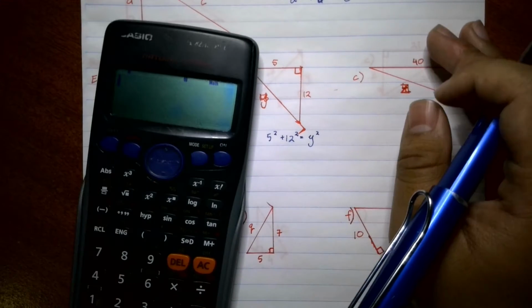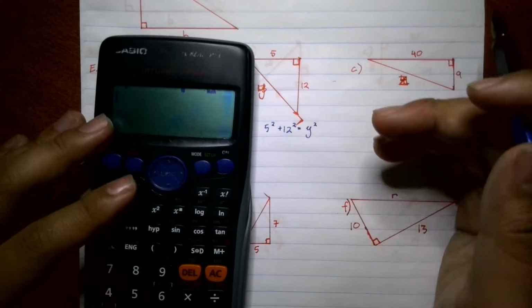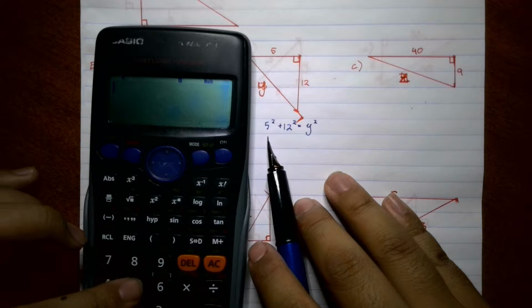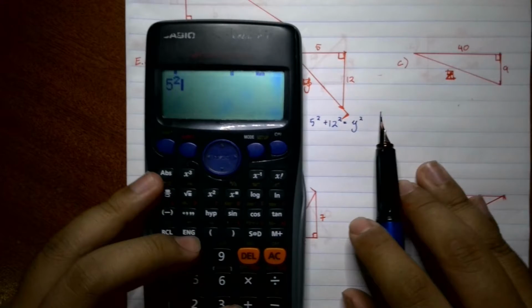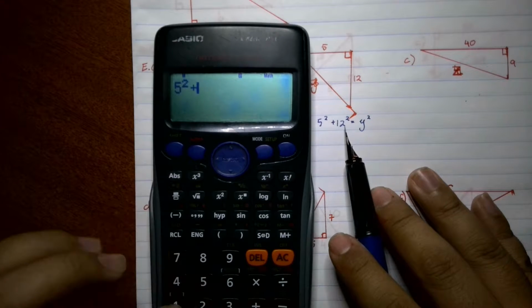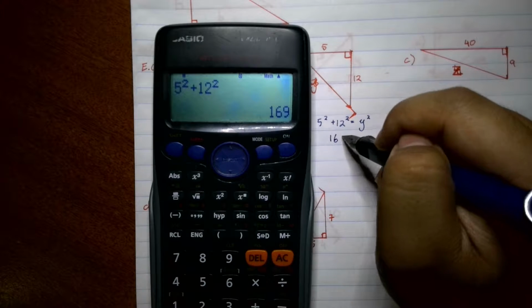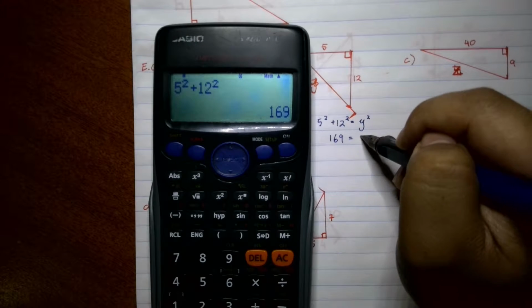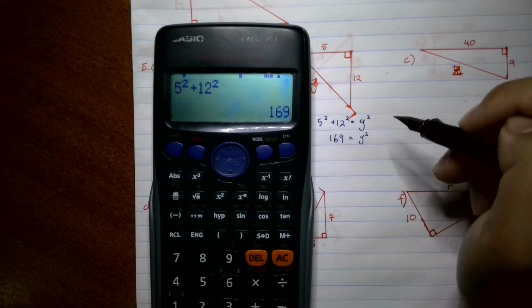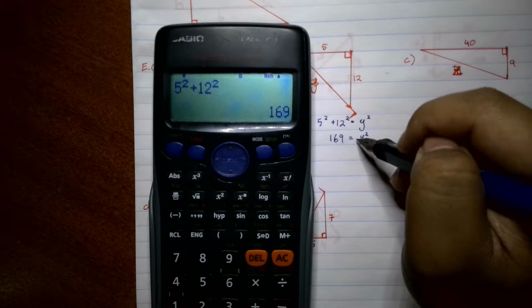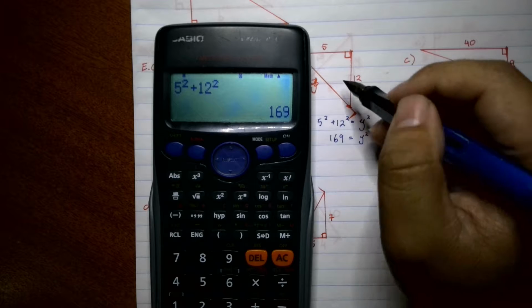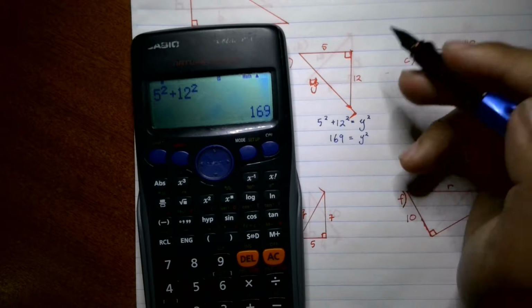I'm going to take 5 squared plus 12 squared. This will give me 169 equals y squared. Once again, I don't want y squared, I want y by itself.